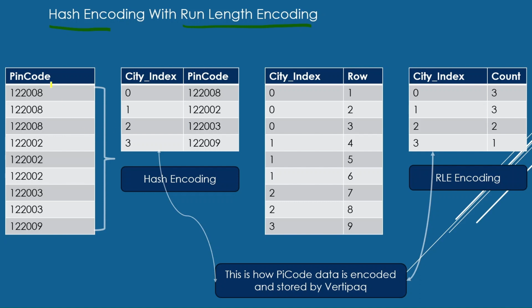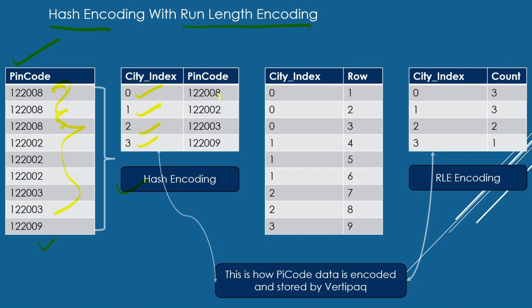So suppose this is the pin code. The data is present, and with the help of hash encoding, we give one index value to each unique record present in this table.